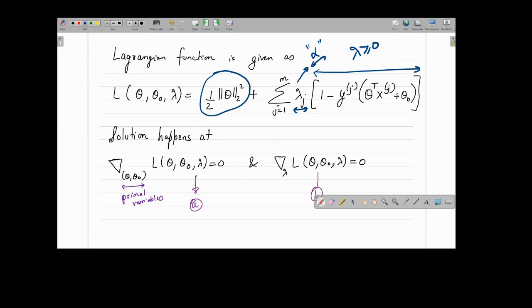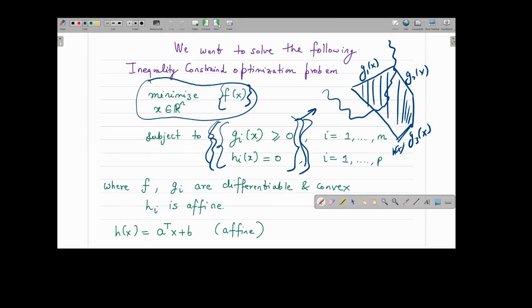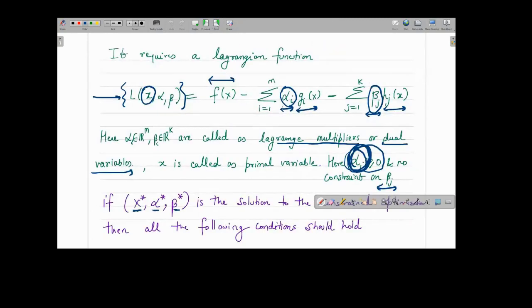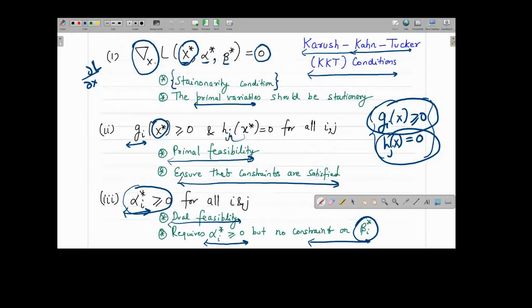So the first thing that you will do once you have this Lagrangian is to take the derivative with respect to the primal variables theta and theta_0, and take the derivative with respect to lambda. You have to keep it equal to 0. This is coming from the first condition of KKT. If you see here, the first condition is to take the derivative of the Lagrangian with respect to the whole thing.